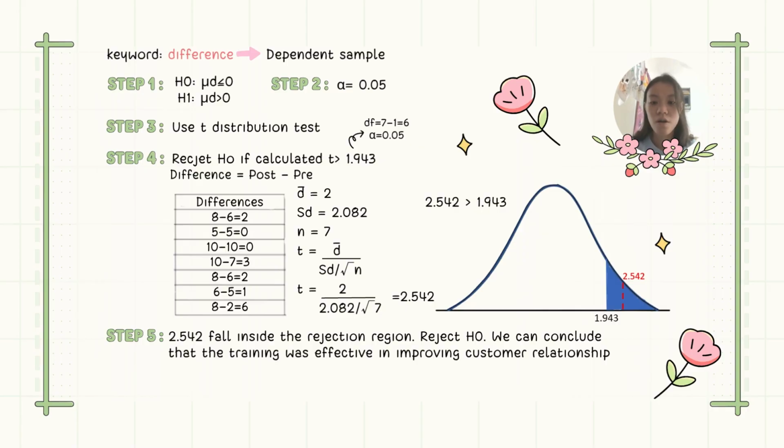So our calculated t is greater than the critical t. For step 5, we make our decision. 2.542 falls inside the rejection region, which is shown by the bell-shaped graph, and we decide to reject H0. We can conclude that the training was effective in improving customer relations.